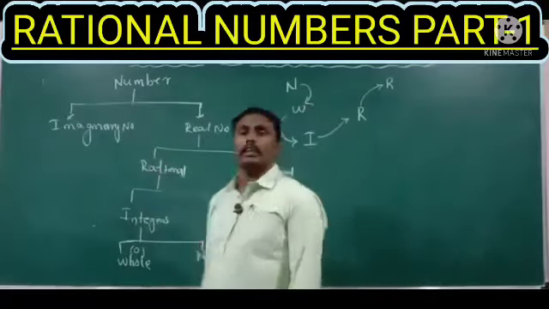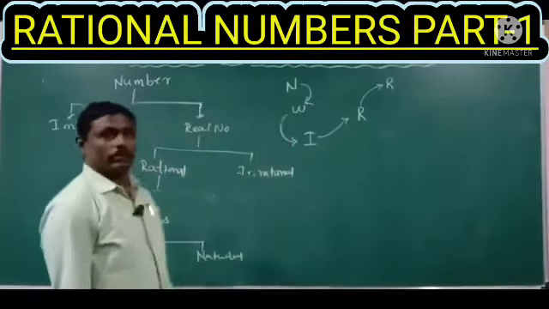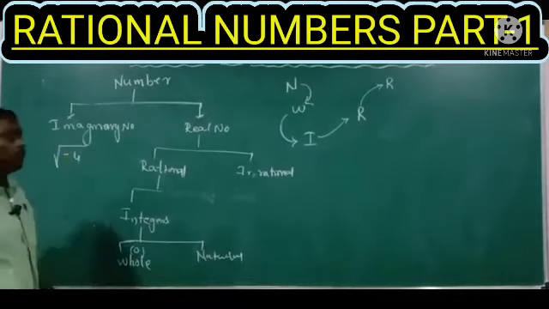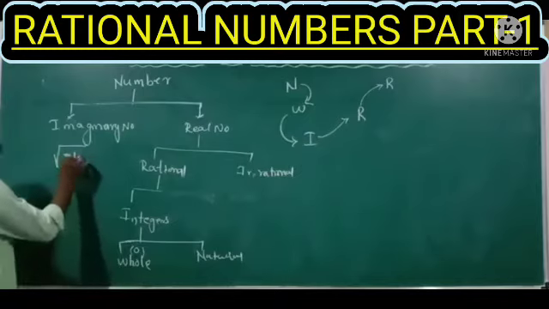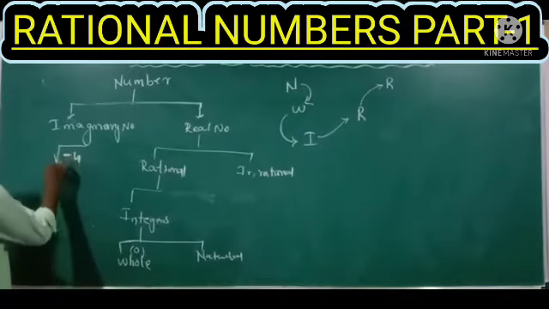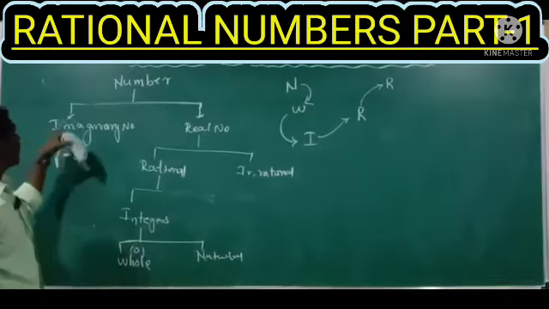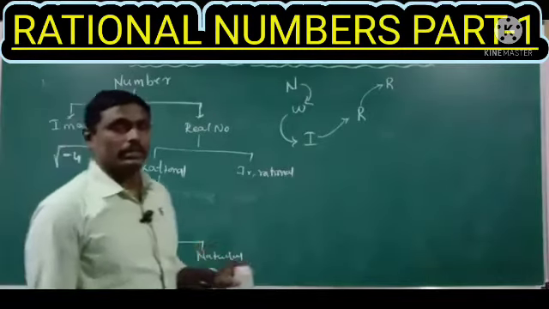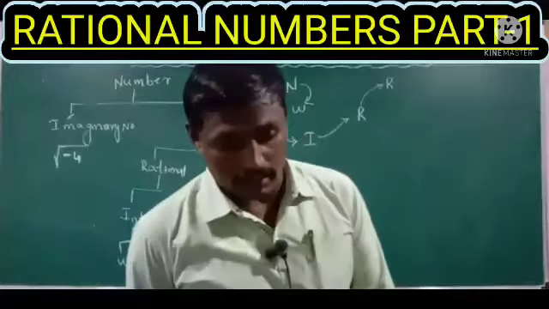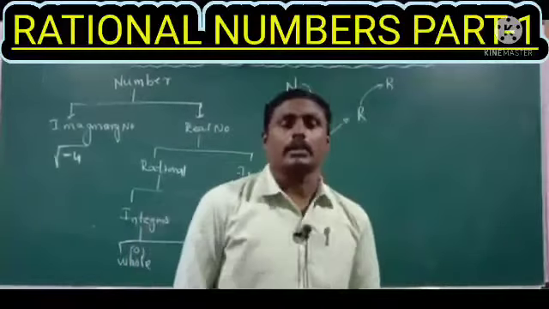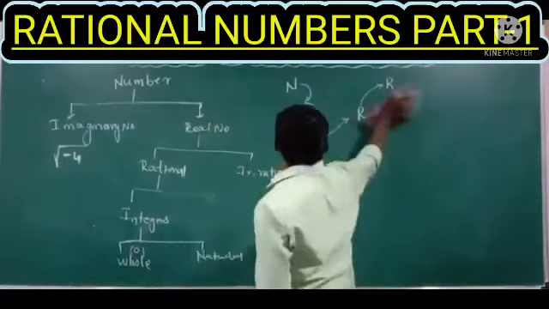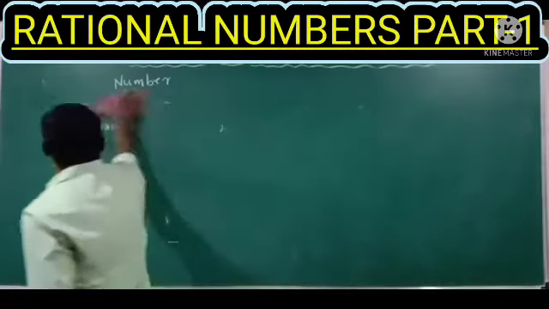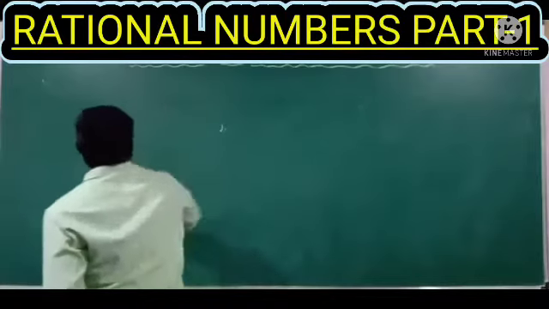Here, what does imaginary number mean? Imaginary numbers are numbers existing as square roots of negative values; negative square roots are the best examples of imaginary numbers. We cannot say the exact value of such numbers. Okay, now come to the main concept, rational numbers. You already know the definition of rational numbers.